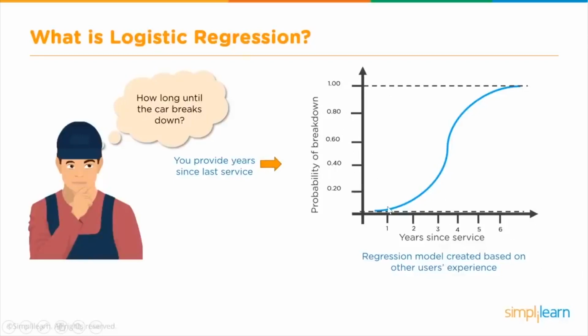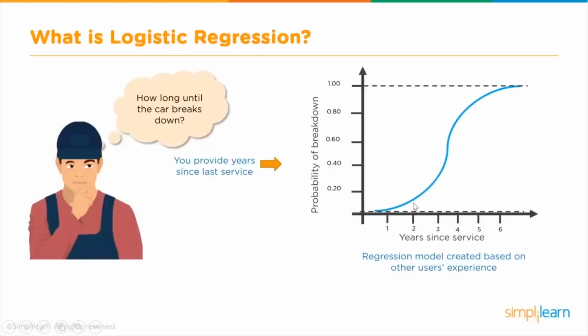So from this graph we can find out whether your car will break down or not. We'll see how. So first of all, the probability can go from 0 to 1. As you all are aware, probability can be between 0 and 1. And as we can imagine, it is intuitive as well. As the number of years are on the lower side, maybe 1 year, 2 years, or 3 years after the service, the chances of your car breaking down are very limited, right?